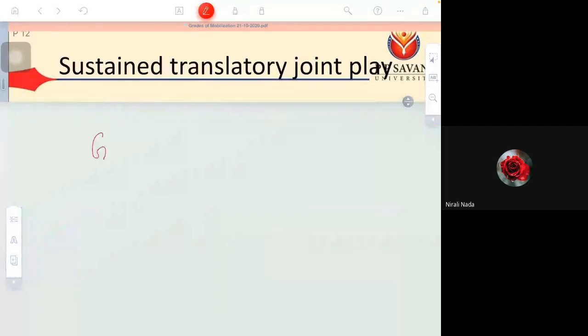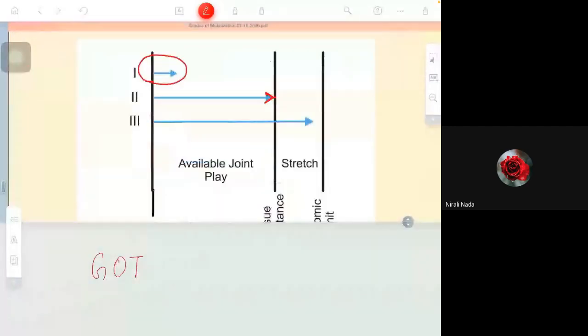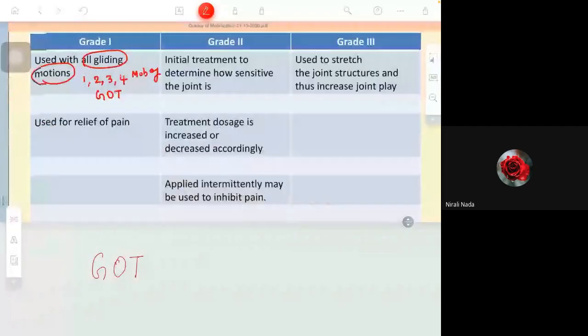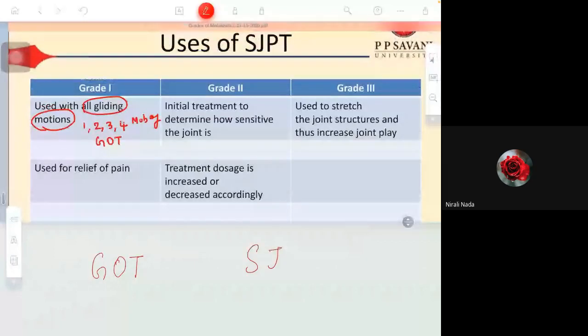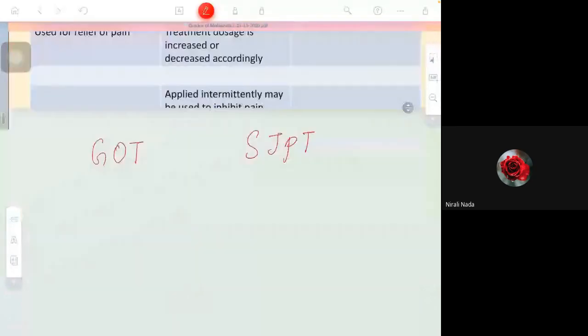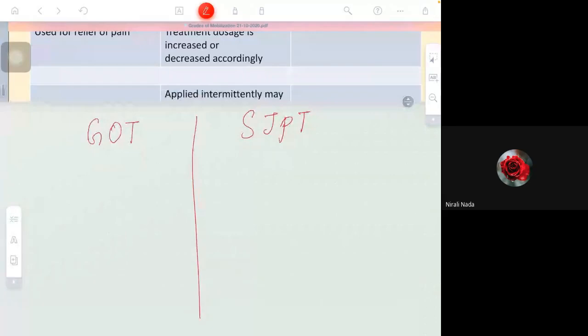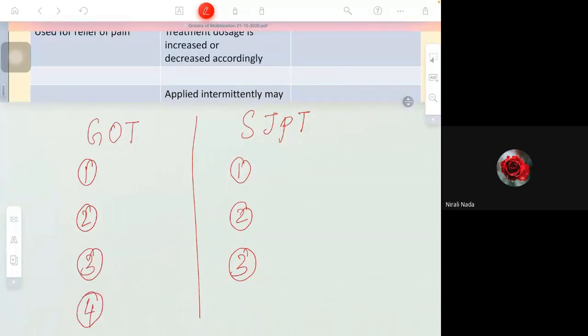This is the graded oscillatory technique. And the second technique is the sustained joint play technique. Clear? So here, 1, 2 and 3 grades are there. Here 1, 2, 3, 4 grades are there.